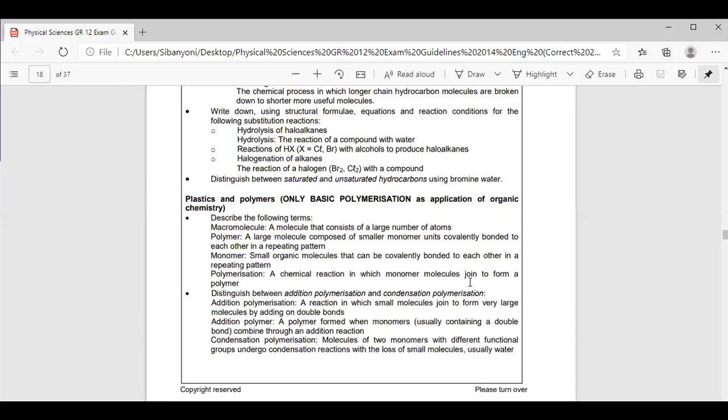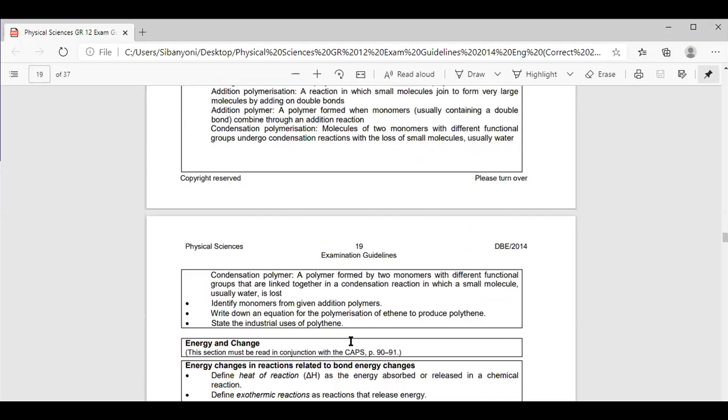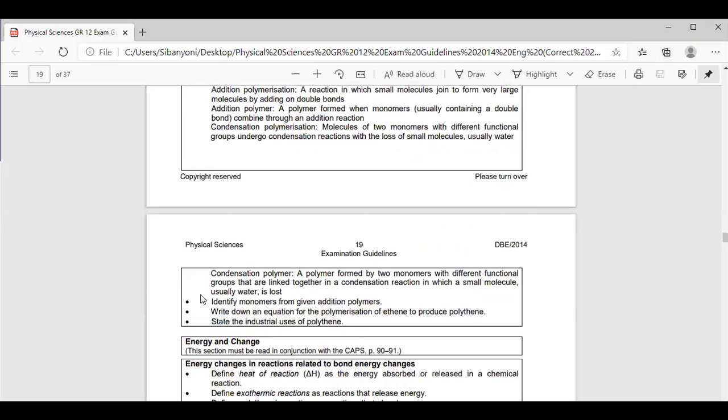Right. So we will have to be able to differentiate between all of those, and also an addition polymer as well as a condensation polymer, and also condensation polymerization altogether. And we must then, when we look at polymerization, be able to identify monomers from given addition polymers.